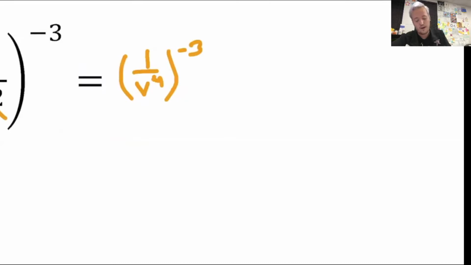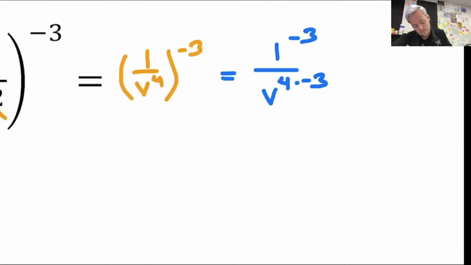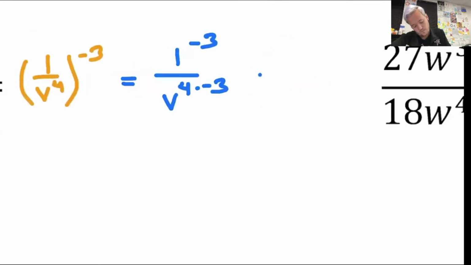So now I'm going to do the power property and essentially give everything in the parentheses that negative 3. When I multiply, I'm going to have 1 to the negative 3, which is not going to change anything. 1 over 1 to the 3rd power is still 1.